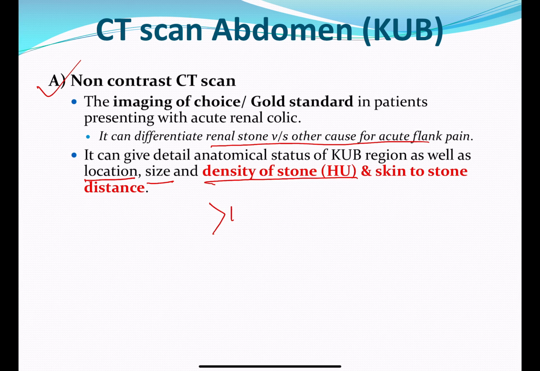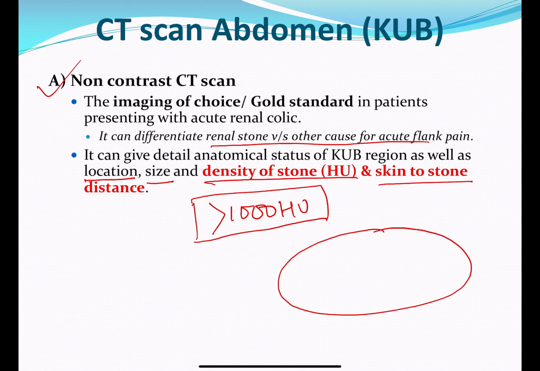If the density is more than 1000 Hounsfield units, then it is regarded as a hard stone. Okay, so some techniques that break the stone cannot be applied. Mainly, we cannot apply ESWL if the density is more than 1000 Hounsfield units. Okay, skin to stone distance. Suppose this is the CT scan, and this is the kidney, and this is the stone. So the distance from the skin to the stone, that is skin stone distance, if it is more than 10 centimeters, then the patient is regarded as obese.